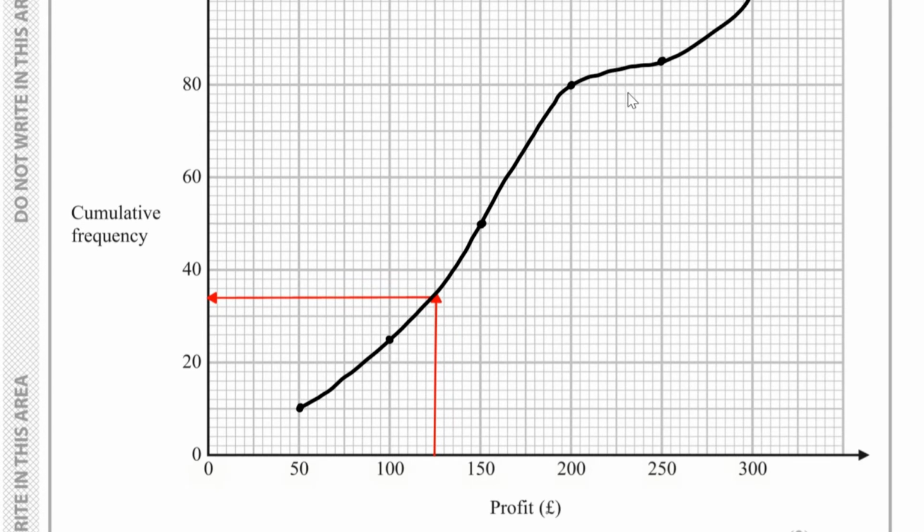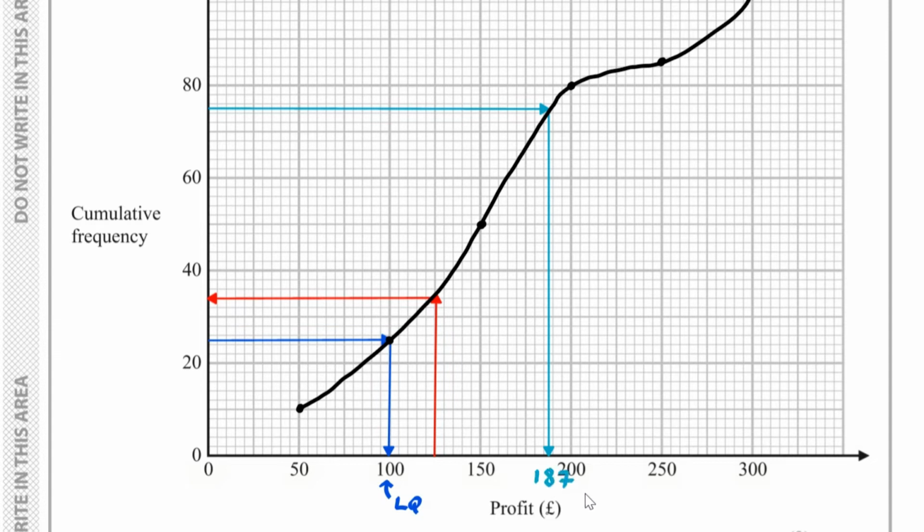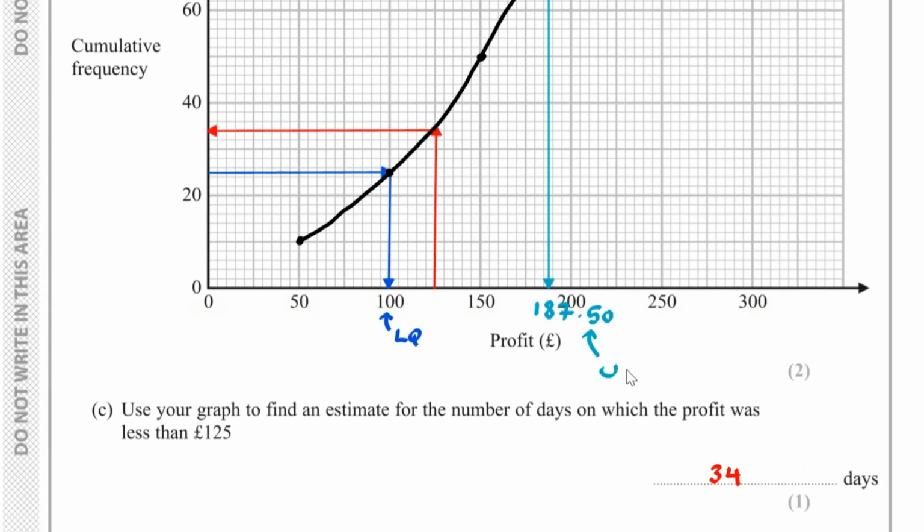Well, if we have 100 pieces of data, for the lower quartile reading from 25, we see that the lower quartile is 100, and for the upper quartile reading from 75, and then reading down, we see that here we have a value of 187.50, which would correspond to the upper quartile.